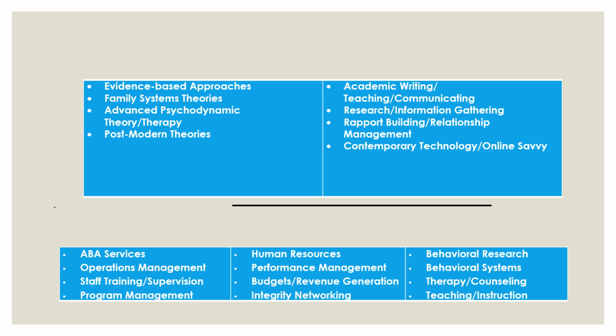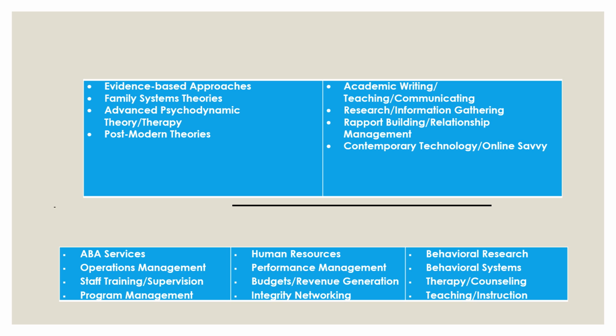So the top one is 2 tables, and you can see you can use longer, you can see you have more words there, all in all. And use the slash system so you can combine words and phrases that are related that also kind of expand what you're trying to get across. So, like with academic writing, teaching, communicating, that says a lot more than just saying academic writing or saying advanced psychodynamic theory slash therapy.